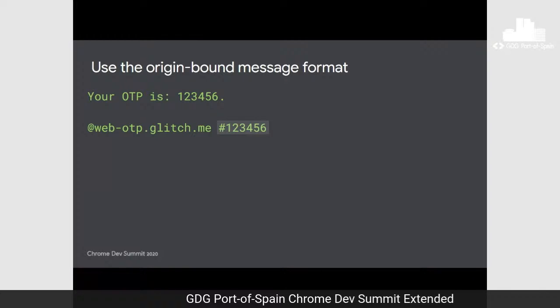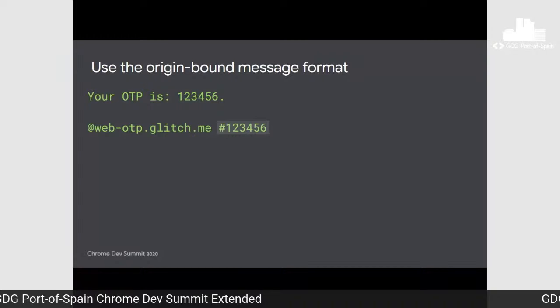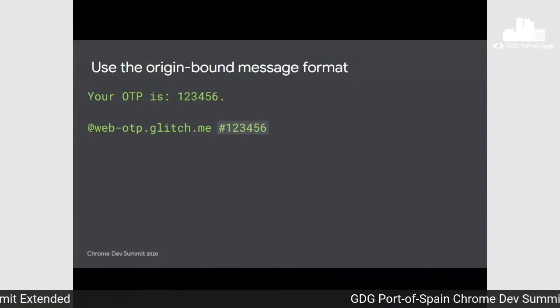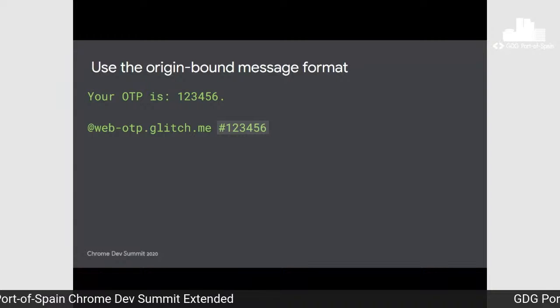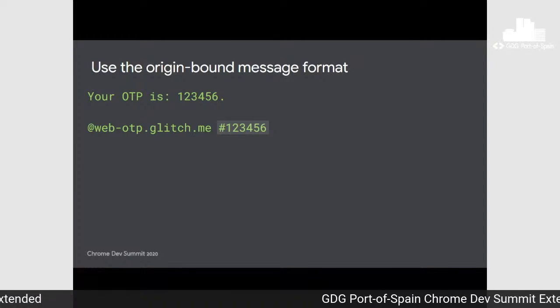So this is the text message you send, and you want the domain or the origin given in the text message to match the origin and the domain of the app the user is actually using. And by specifying the OTP in the format, the browser can retrieve the exact OTP you intend to deliver and prevent the browser from picking the wrong numbers.